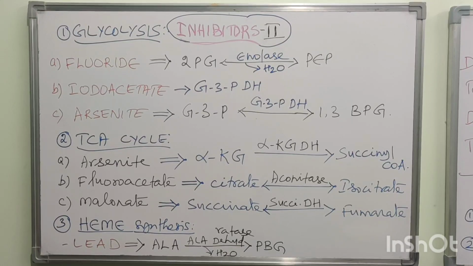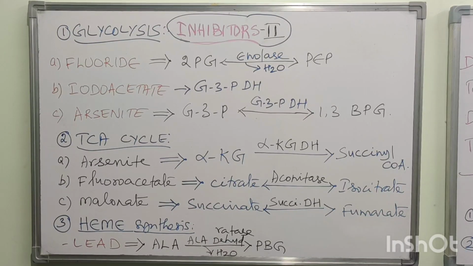Next one is the TCA cycle. Again we have three inhibitors. Number one arsenite, number two fluoroacetate, number three malonate. Arsenite inhibits the enzyme alpha ketoglutarate dehydrogenase, which involves the conversion of alpha ketoglutarate into succinyl CoA. Right? This is an irreversible step in the TCA cycle. Second one is fluoroacetate.